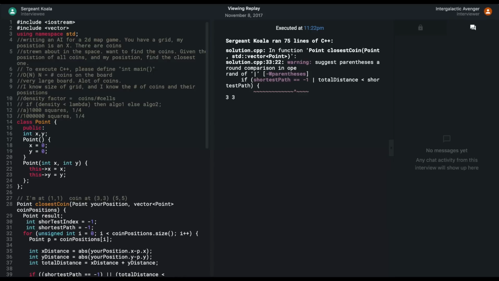Then, regardless of how large the overall grid is, there should be a coin about every 4 cells, which means that my depth first search should have the same running time regardless of how many cells there are.